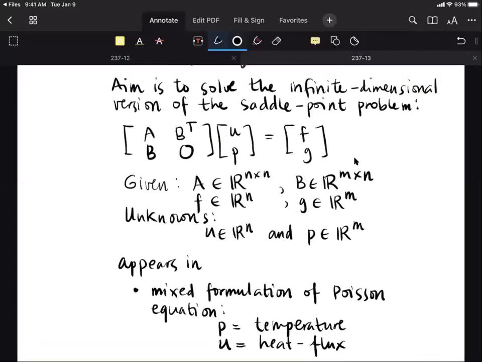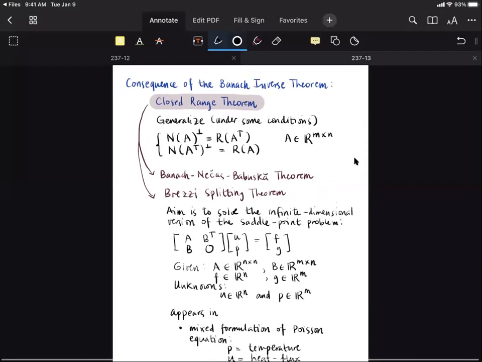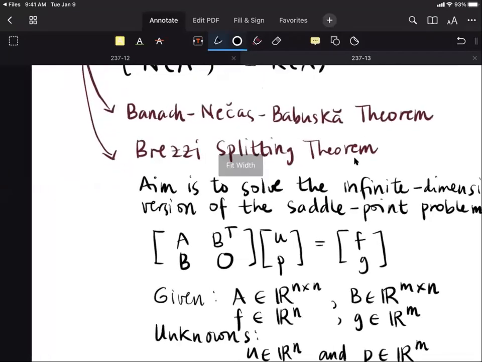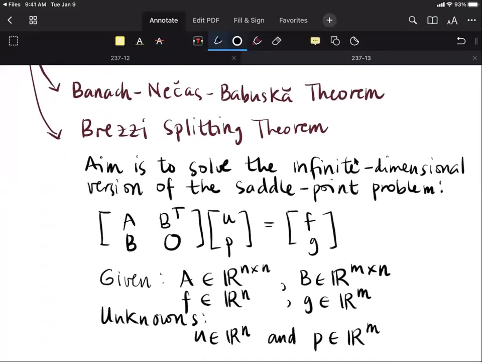So the closed range theorem again, which is a consequence of the Banach inverse theorem, gives rise to these two theorems, the BNB theorem and the Brezis splitting theorem. As I said, we already know an application of the BNB theorem by the heat equation.